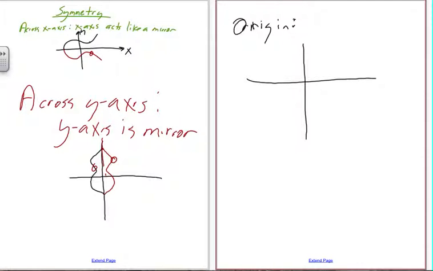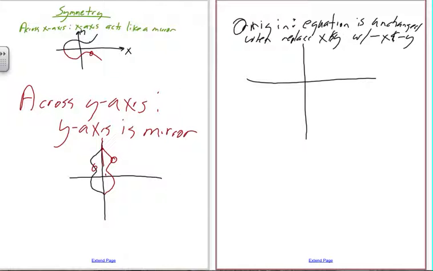Okay, so symmetry through the origin is where the equation is unchanged when you replace x and y with negative x and negative y.